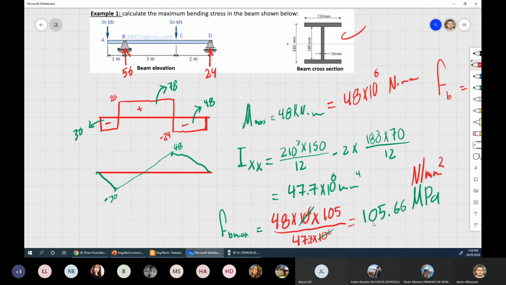Just keep an eye on the units, please. If you have kilonewton, you multiply by 10 to the power of 3. Meter square to millimeter square, you divide by 10 to the power of 6. So that means you divide your answer by 1000.